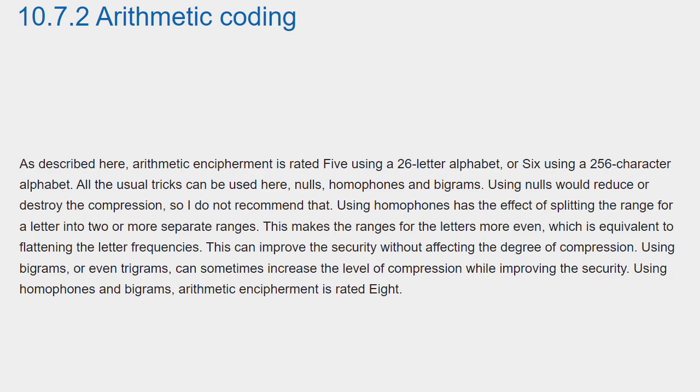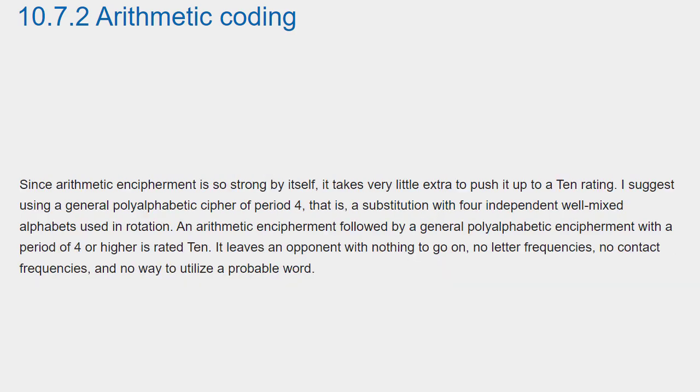This makes the ranges for the letters more even, which is equivalent to flattening the letter frequencies. This can improve the security without affecting the degree of compression. Using bigrams or even trigrams can sometimes increase the level of compression while improving the security. Using homophones and bigrams, arithmetic encipherment is rated 8.